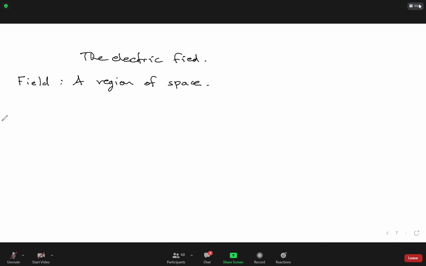A vector field is a region of space with a vector attached at each point.